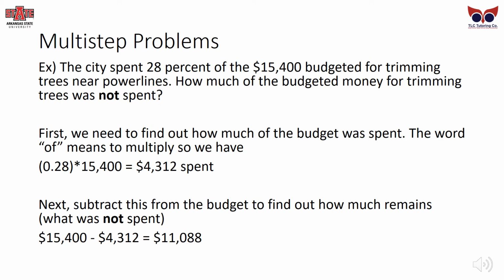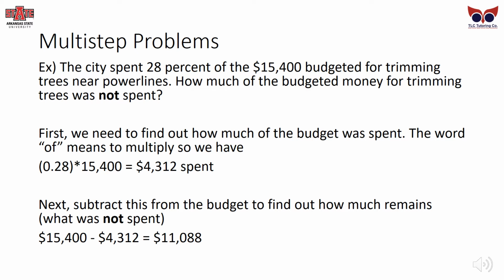In a multi-step problem, it's important to identify the steps required to arrive at your answer. Consider the following. The city spent 28% of the $15,400 budgeted amount for trimming trees near power lines. How much of the budgeted money for trimming trees was not spent?